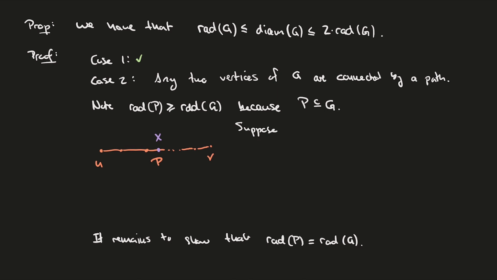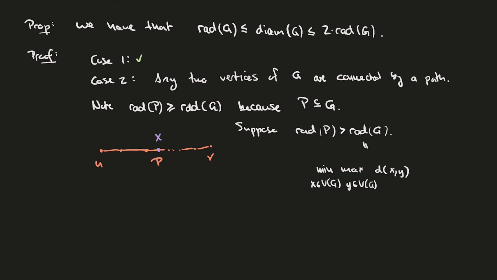Suppose that the radius of P is strictly larger than the radius of G. The radius of G is a minimum over all x in the vertex set of G, over the maximum over all y in the vertex set of G, of the distance between x and y.